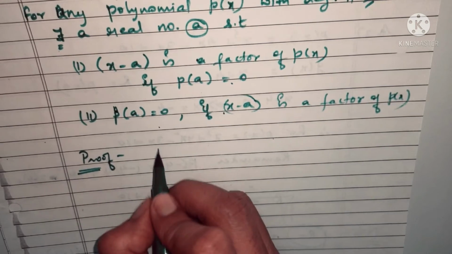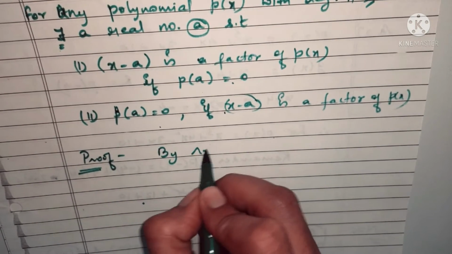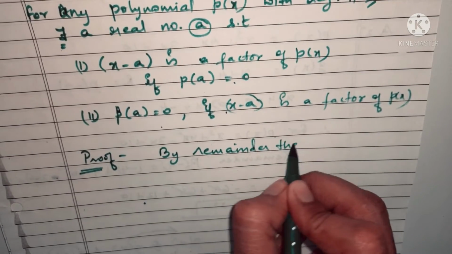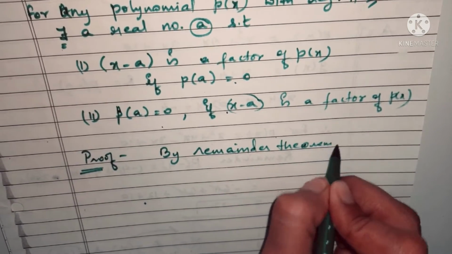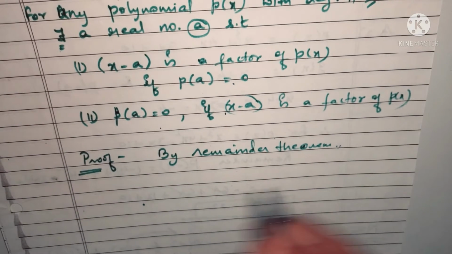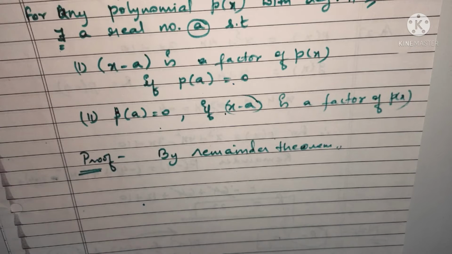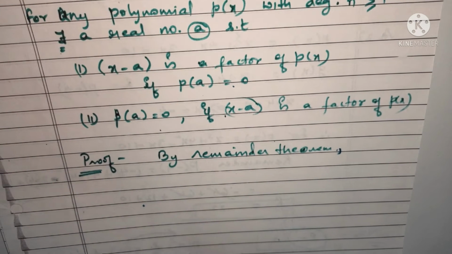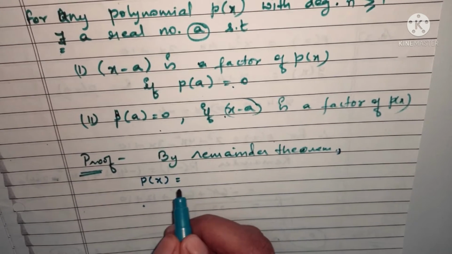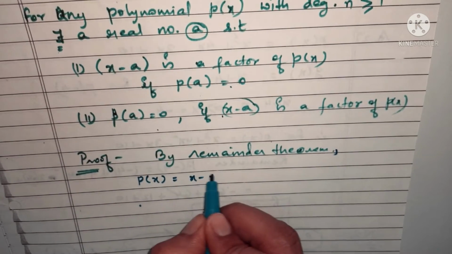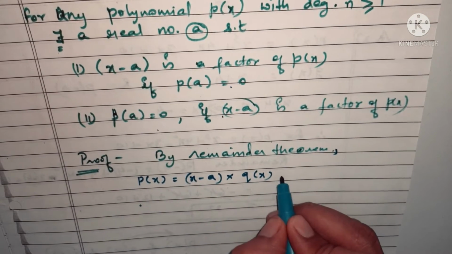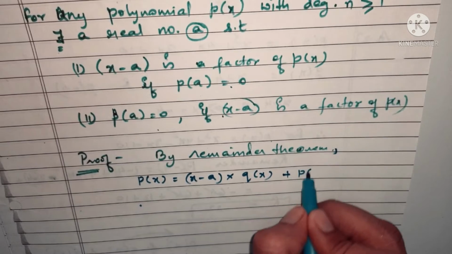See, by the remainder theorem, what do we have with us? By the remainder theorem, we have p(x) equal to (x minus a) into q(x), where q(x) is the quotient, plus p(a).